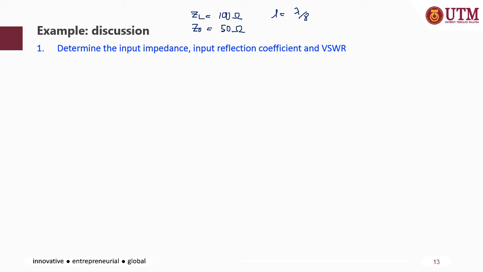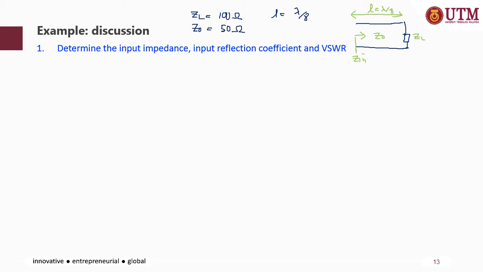Determine the input impedance, input reflection coefficient, and VSWR. So the transmission line, you have the ZL, here you have your Z0, and you have the Zin facing towards the ZL, and the length L equal to lambda over 8.